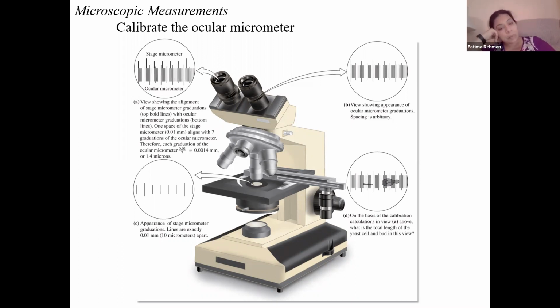In that case, what are some things you can do to enhance your contrast between the background and your actual cells so that you can look at them and observe them better? What things can you adjust on the microscope to help you with contrast?